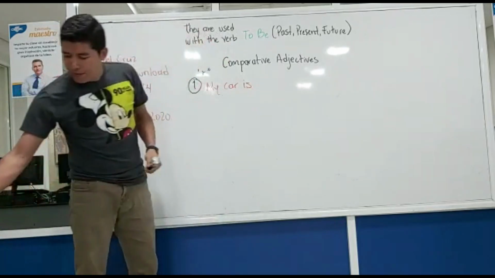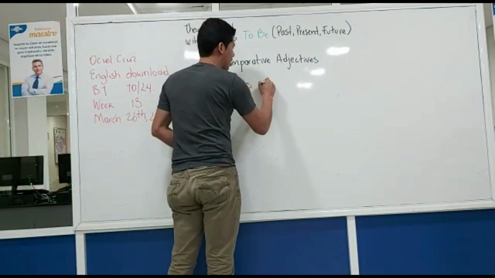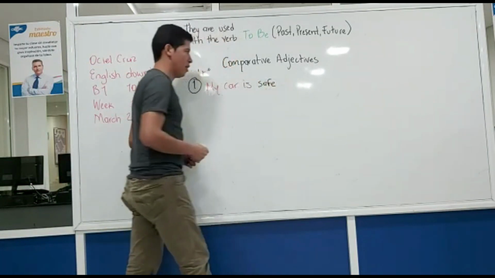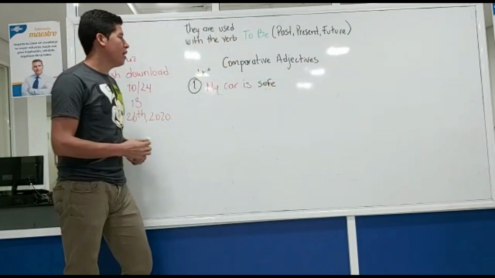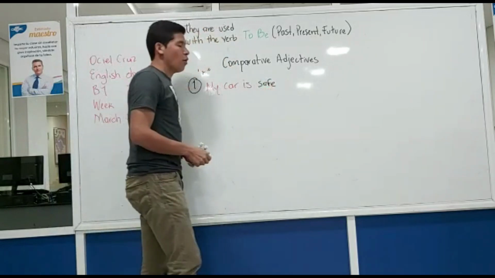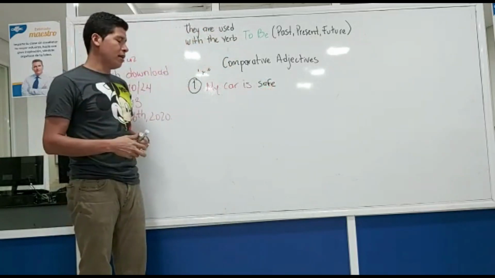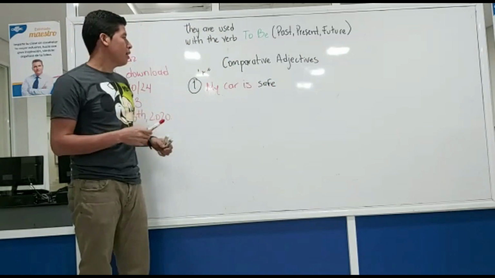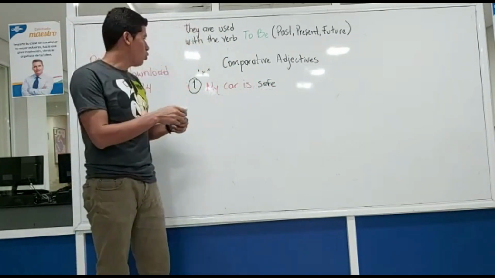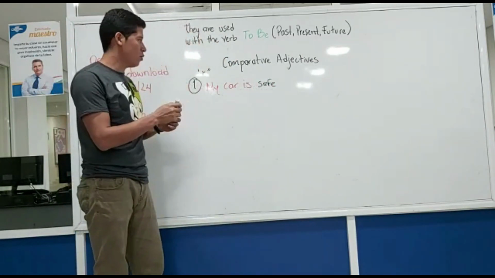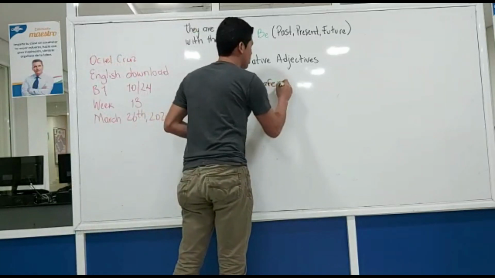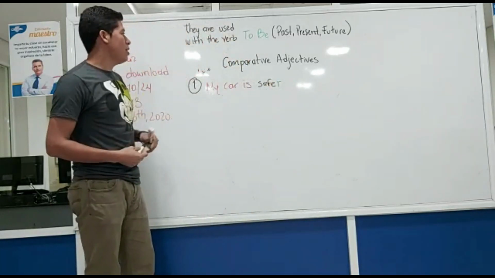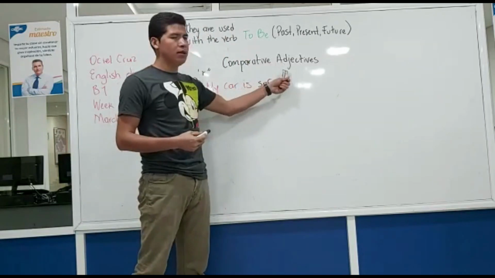So this adjective, safe, ends in a vowel E. When you use an adjective that ends in a vowel E, you are going to use the consonant R to put the adjective in comparative form.